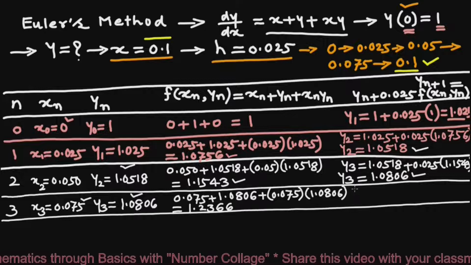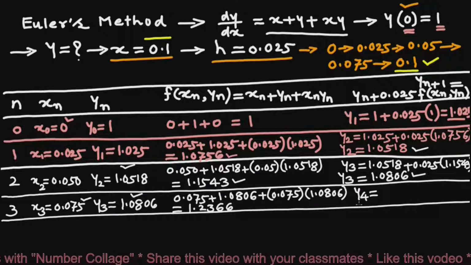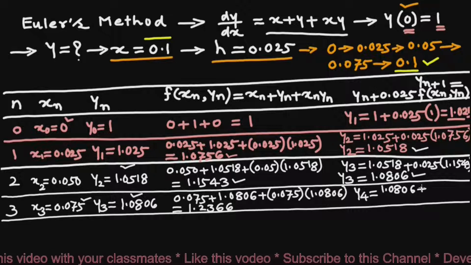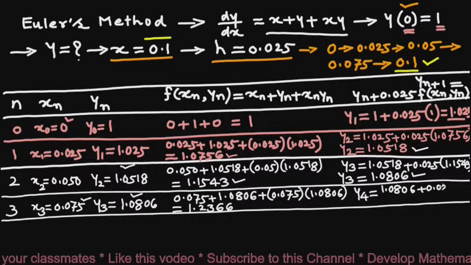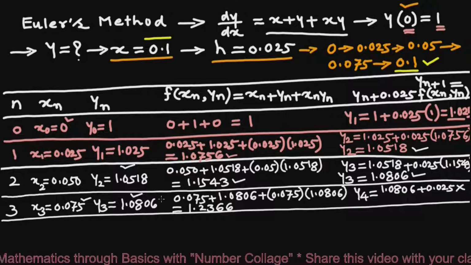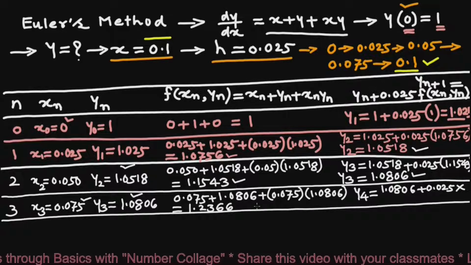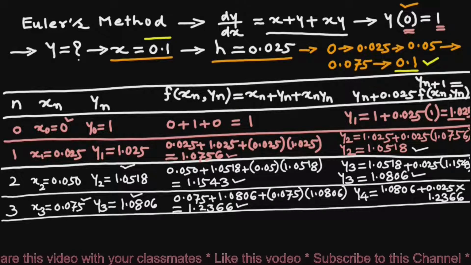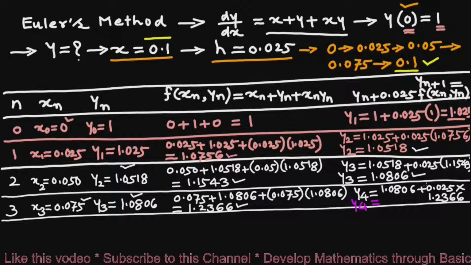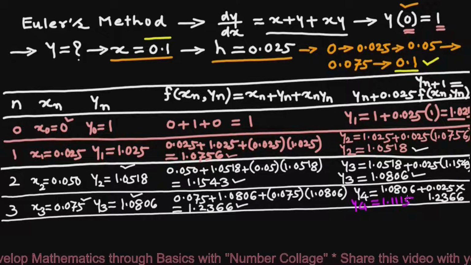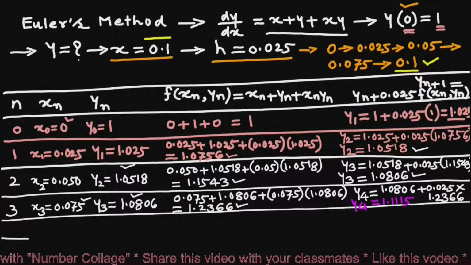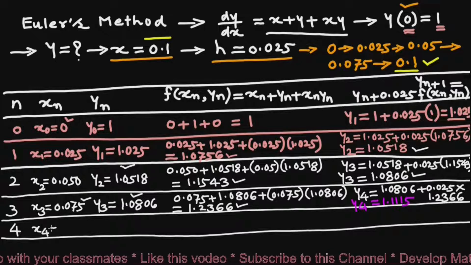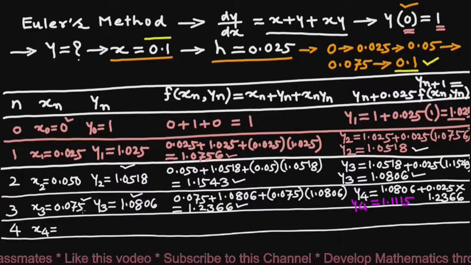Finally we will find y4, which will be y3, which is 1.0806, plus h, which is 0.025 multiplied by f of x3 y3, which is this 1.2366. So that gives us y4 equals 1.1115 by calculator.